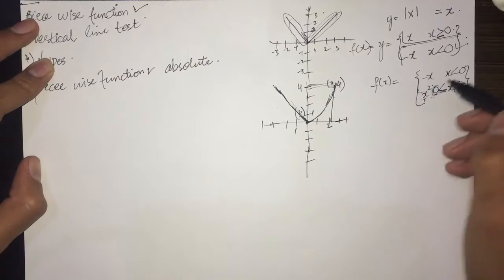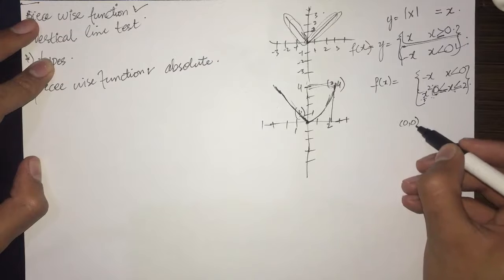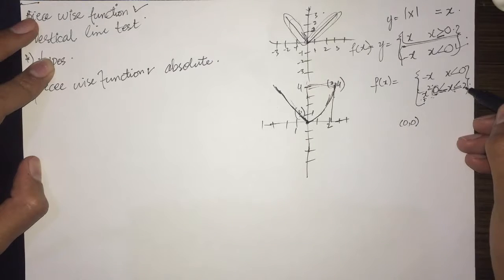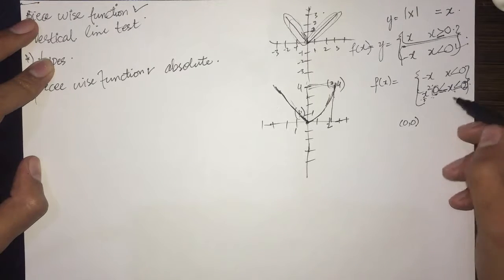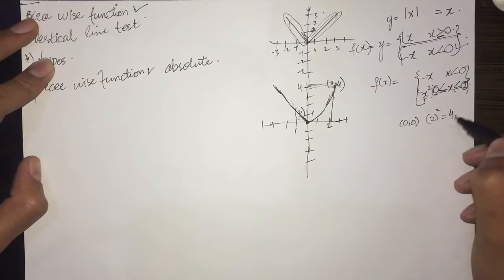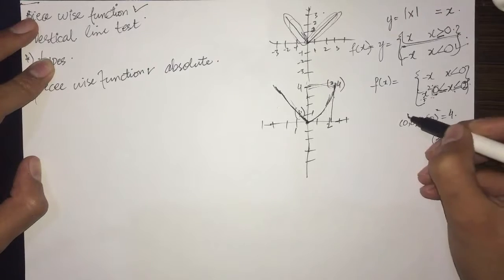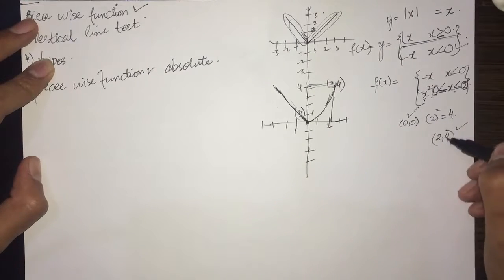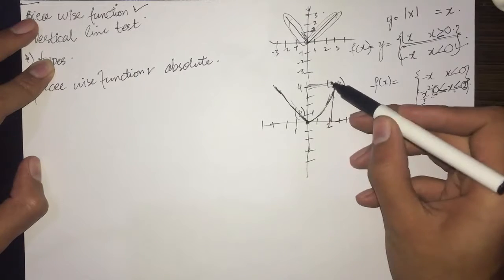So what it outputs will be your first x and y coordinate, which is 0 and 0, and then you take the second part of the condition, that is 2, and you input that into the function of x. So that will give you 2 whole square equals 4. So your next coordinates will be 2, 4. So your first coordinate was 0, 0, and your second coordinate was 2, 4. So this graph is like this.